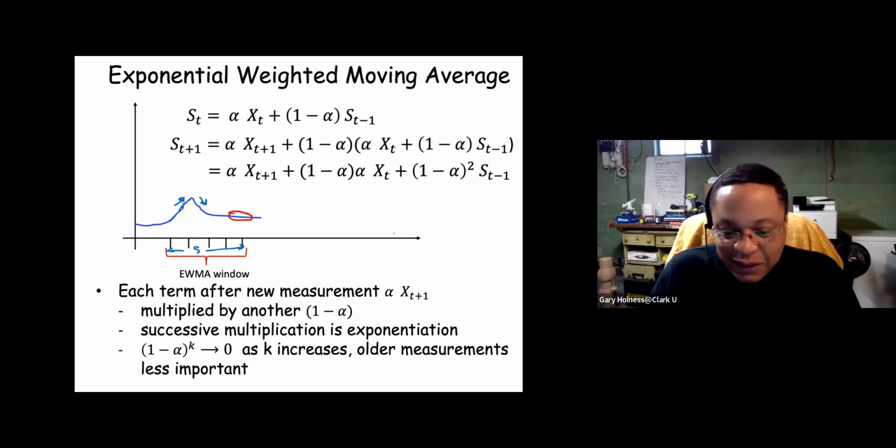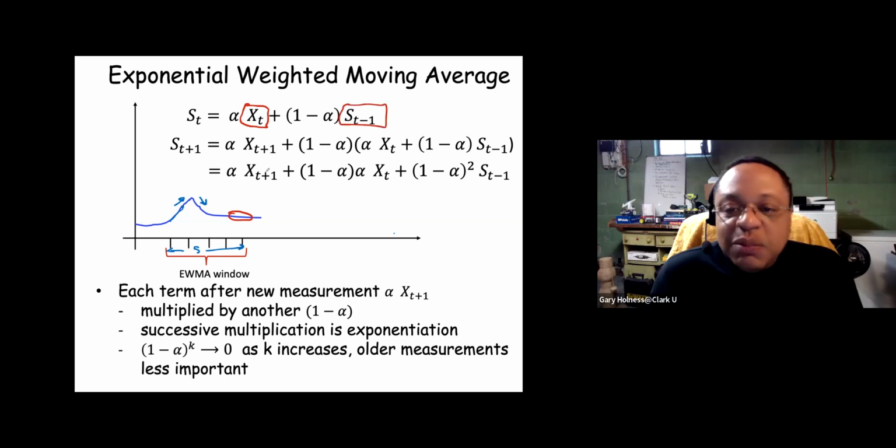And so what this EWMA, I don't want to say the long version, what this exponential weighted moving average, or we've been calling EWMA, does, it allows you to control how much of the value at each time step is dependent on the current measurement, x sub t, and on the historical measurements, this s sub t minus 1.